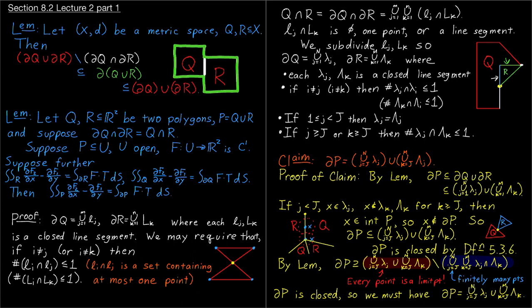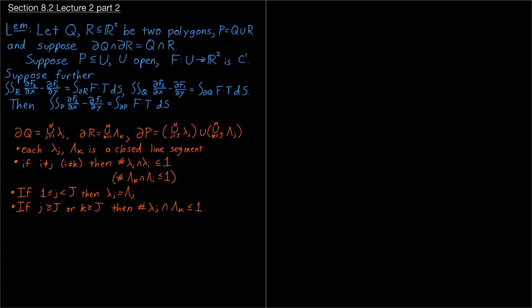And incidentally, that also proves that the union of two polygons that overlap only on the boundary is, in fact, also a polygon, because we've seen its boundary is the union of finitely many closed intervals. So there is the lemma we're proving, and there's what we've been able to say about the boundaries of our polygons P and Q and R.